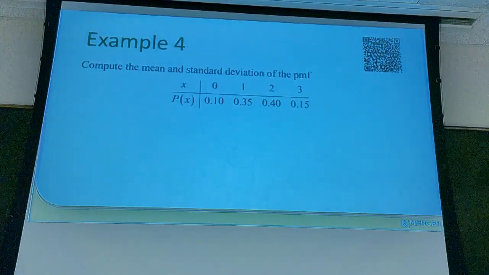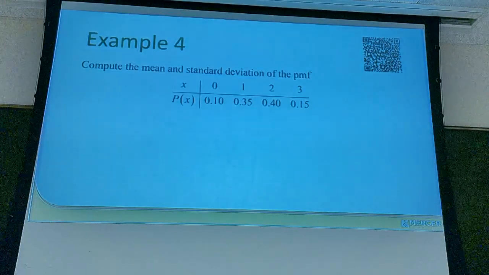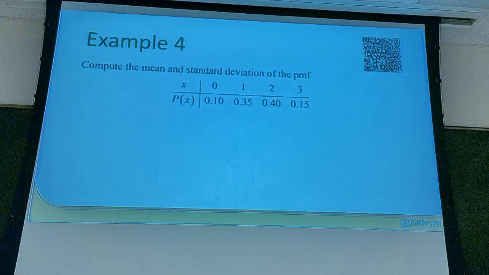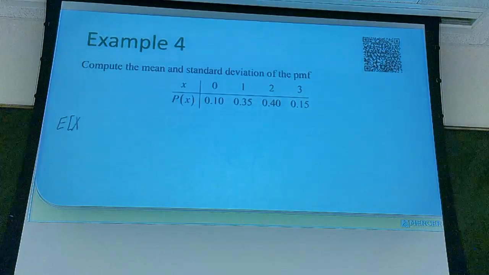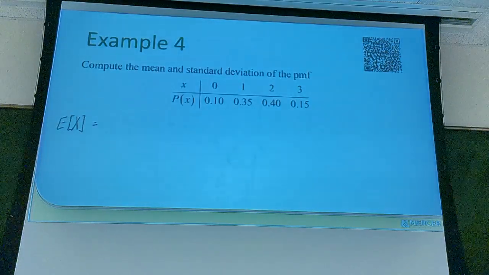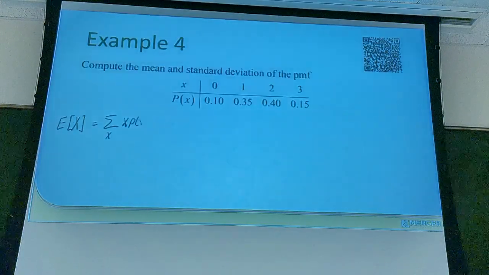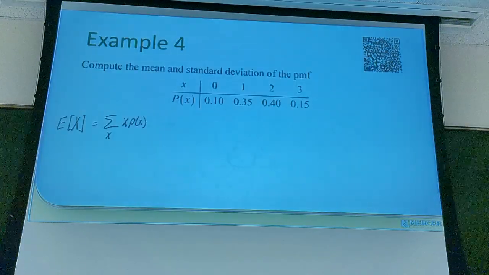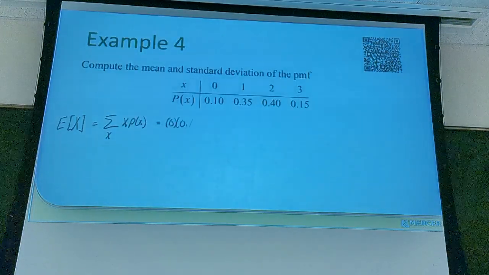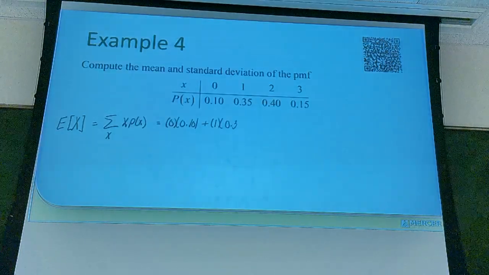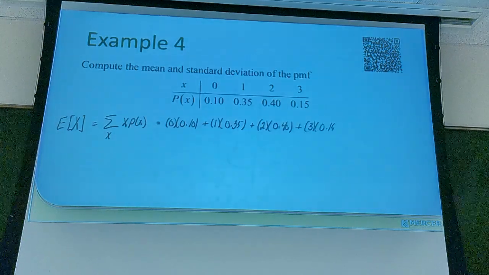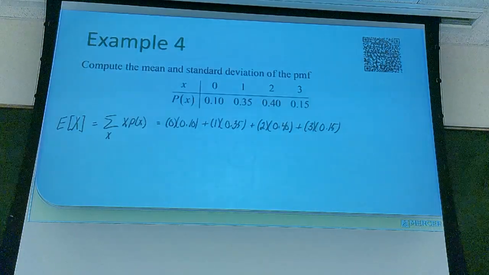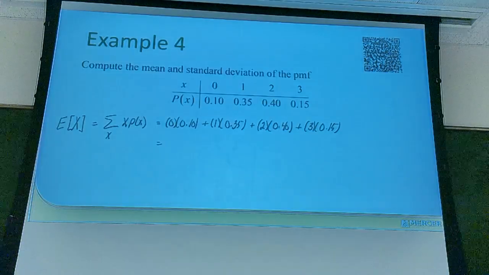Compute the mean and standard deviation. Now remember, the mean is the sum over all values of x times P of x. What's 0 times 0.1? 0.